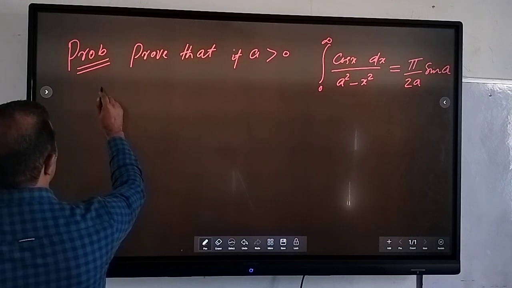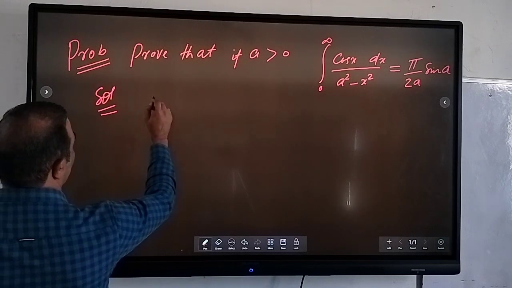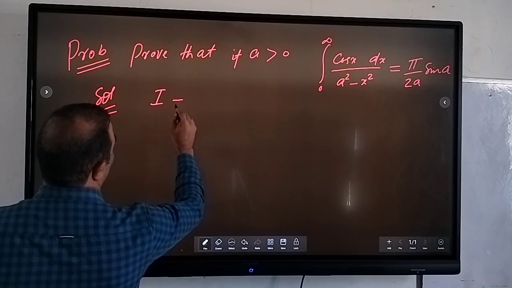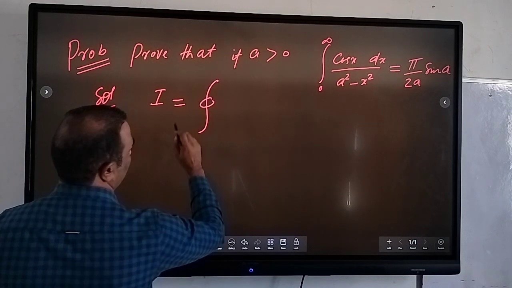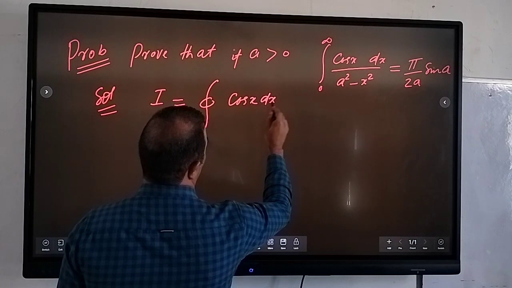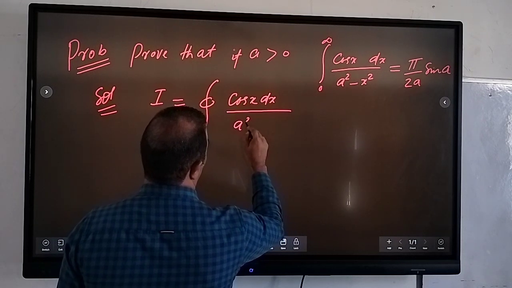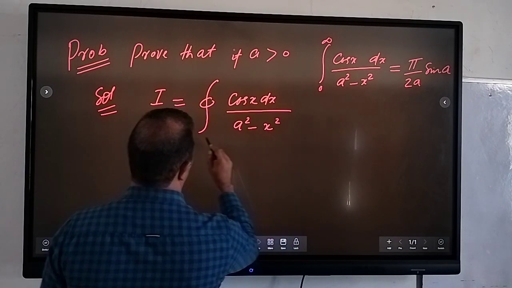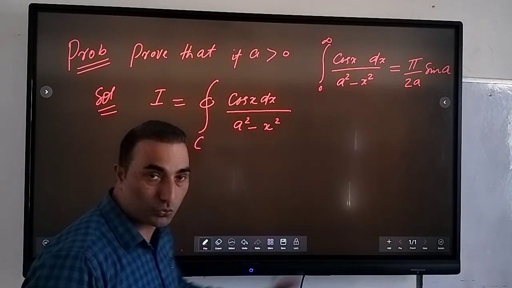So let's write first. We can rewrite this integral. Let us write I equal to the integral of cos x. These are closed contours, right?